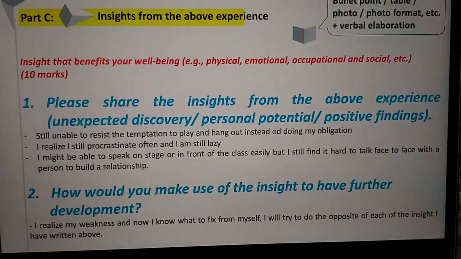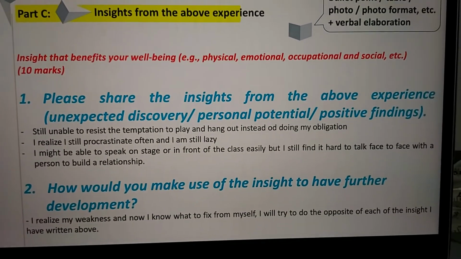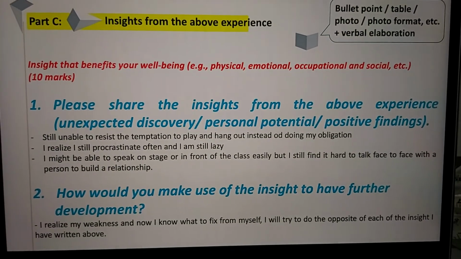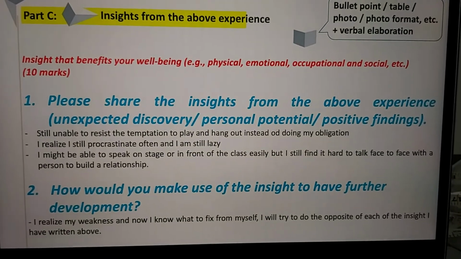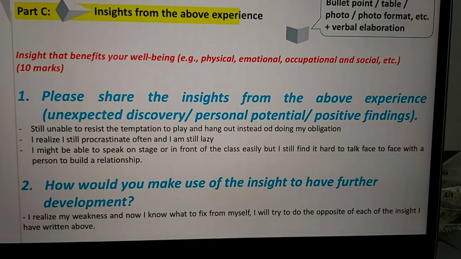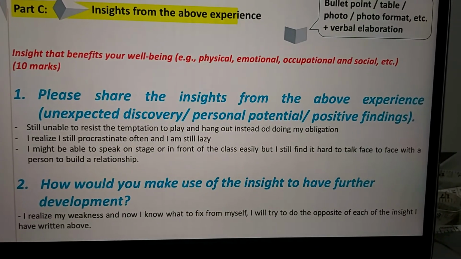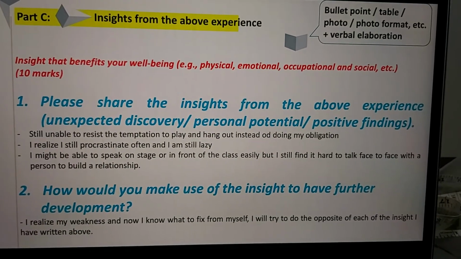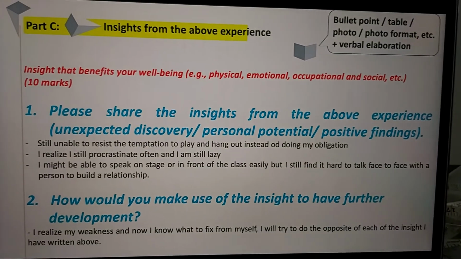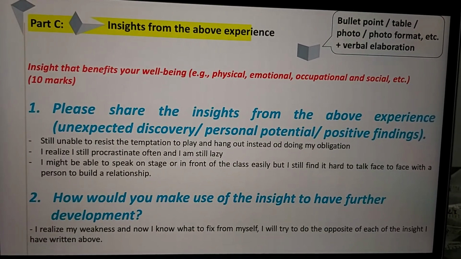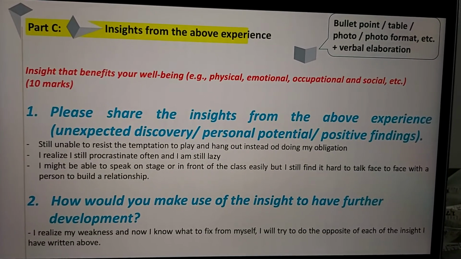Those weaknesses, I will fix them. I will try to do the opposite of each of the insights I have written above. So I will try to resist temptation. I will add more motivation. I will remind myself of my dream, my goal, so that I could be empowered to resist the temptation.